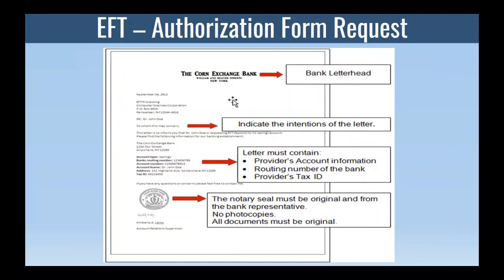It needs to be on the bank's letterhead and include the intention of the letter, requesting to set up EFT payments. The letter must also contain the provider's account information, the routing number of the bank, and the provider's tax ID. It will also need to be notarized by the bank's representative. No photocopies will be accepted. All documents must be original.